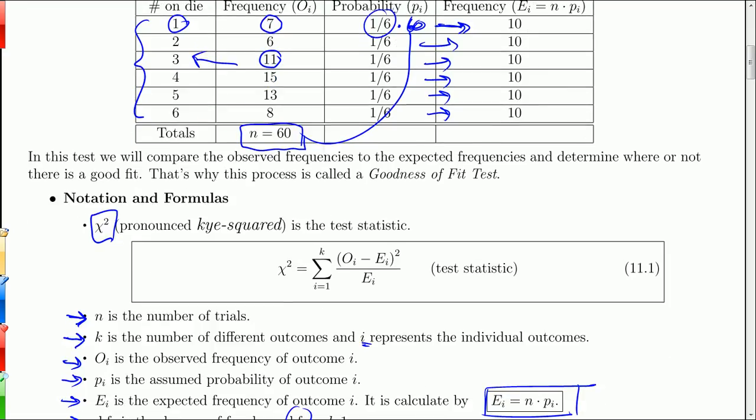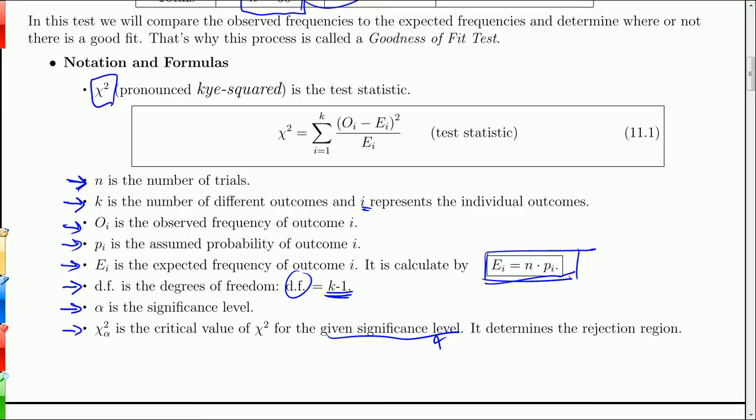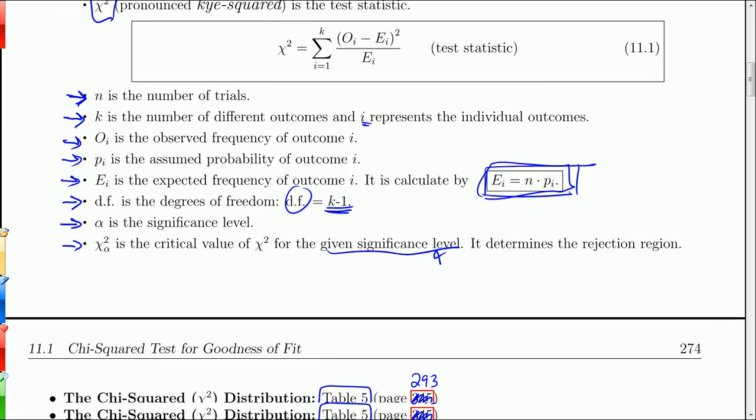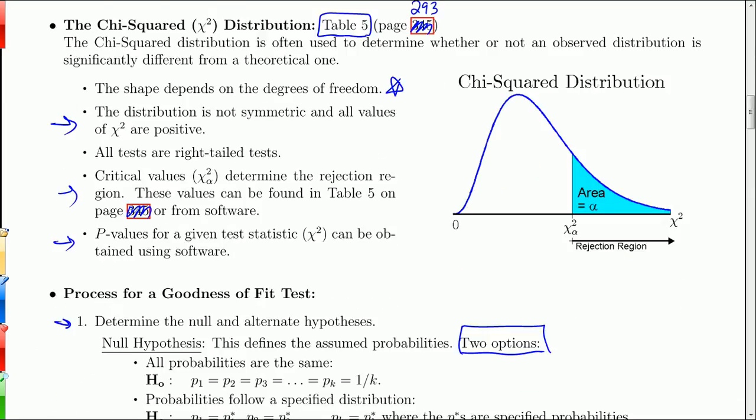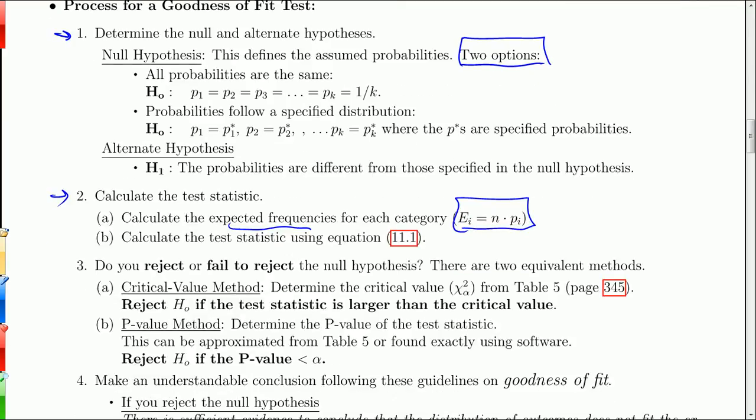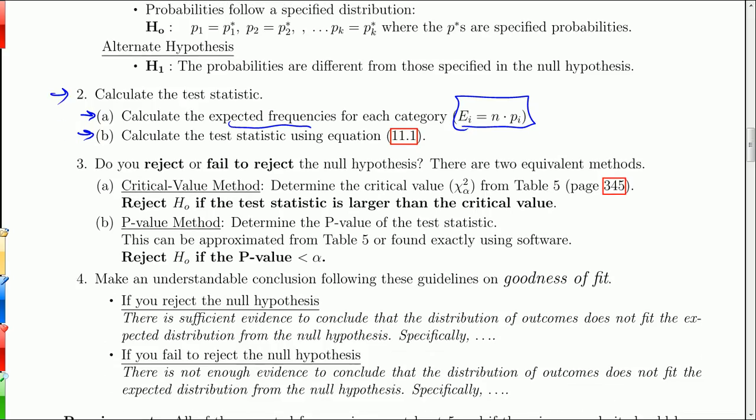So that formula is E sub i equals n times p sub i. So you need to calculate the expected frequencies and then calculate the test statistic using that formula. And it's easiest to do with software. But if you're doing it by hand, building the table will also get you the test statistic.